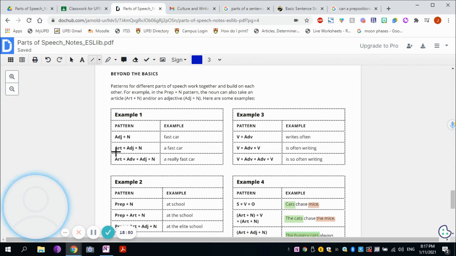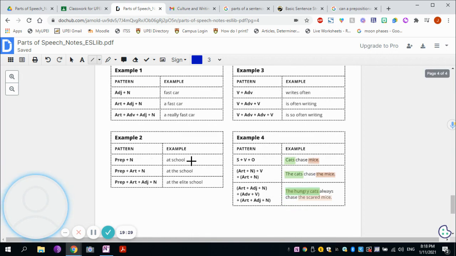Then we can have an article plus an adjective plus a noun. So we can add an article to the first pattern. So we can have a fast car. Then we could also add in an adverb, and then we could have a really fast car. So you can have a sentence like, I have a fast car, I have a really fast car. Okay? You can build on these things.